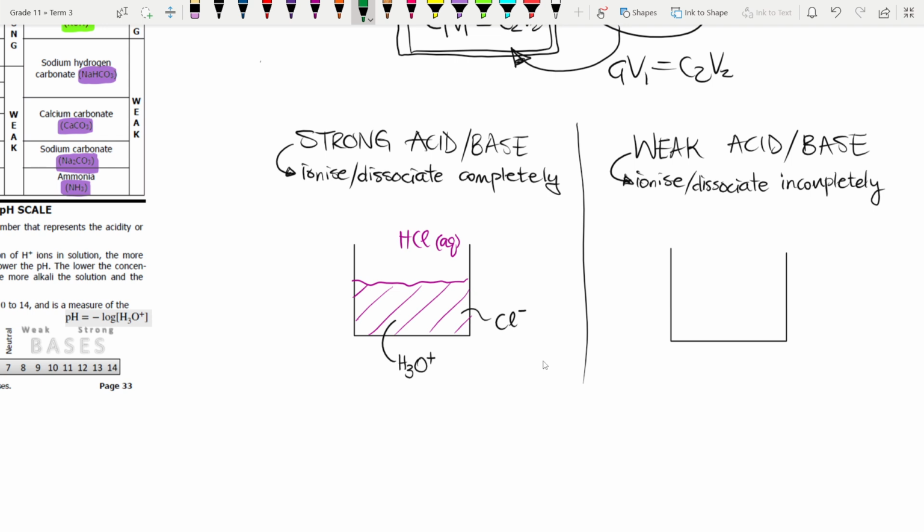Then if I do the same on this other side, but now it's weak, I'll show you what I'm going to see. I still have HCl aqueous. No, sorry. It should be a weak acid. Which one can I pick? Let me pick CH3COOH aqueous.